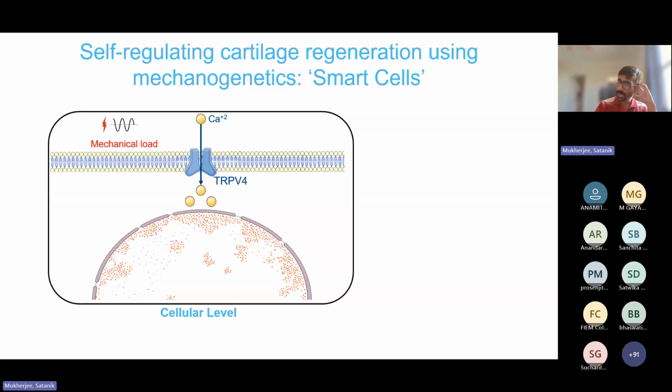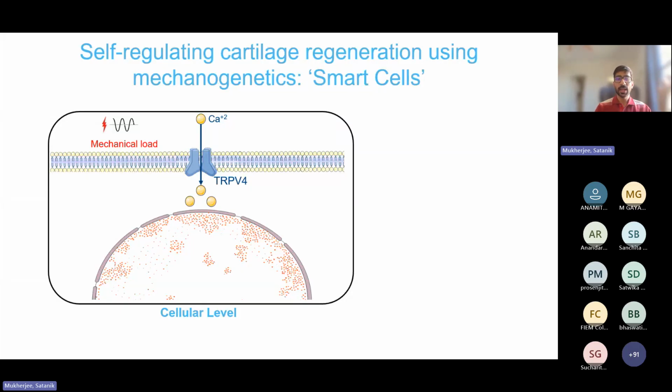One of the ideas that have been explored, and this is part of my postdoctoral work here at Washington University, is creating smart cells using synthetic biology tools so that when these cells sense abnormal mechanical loading in the joints, they secrete their own drug that stimulates the production of cartilage.